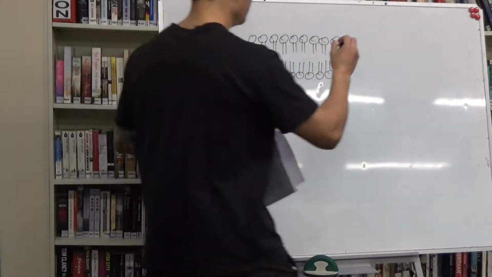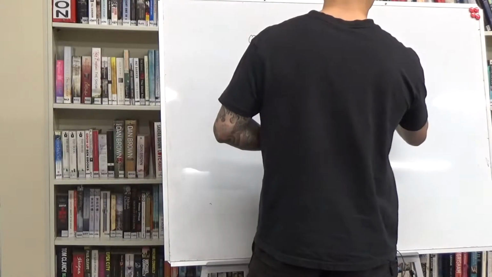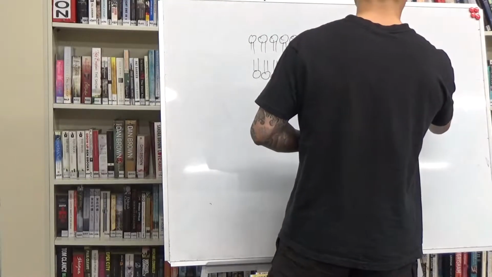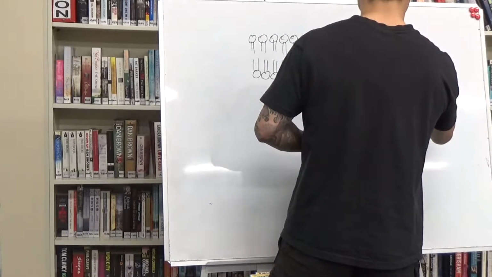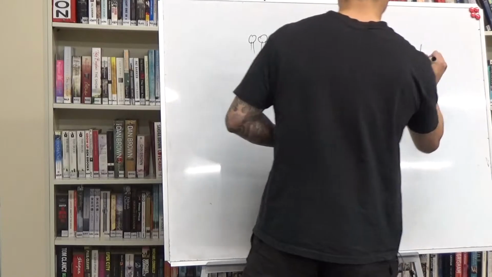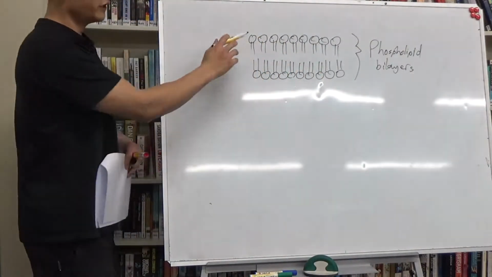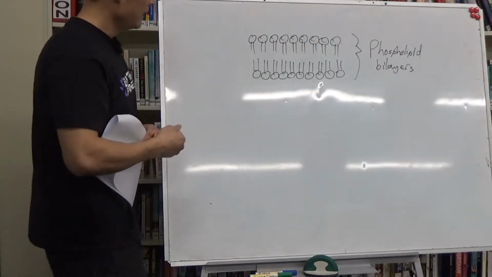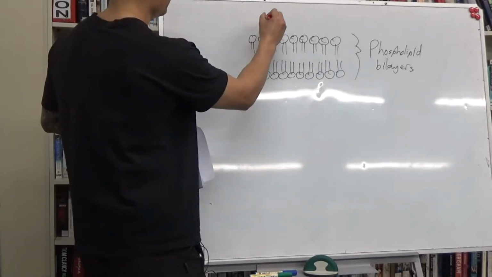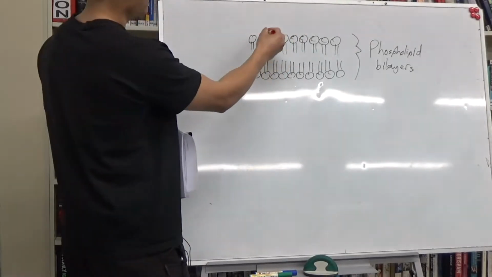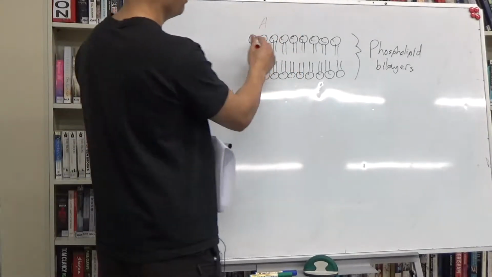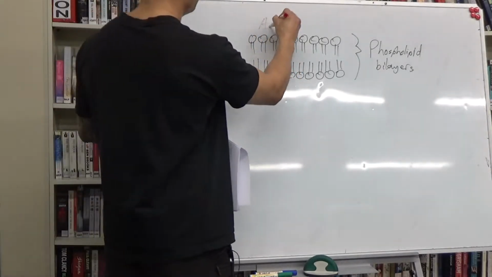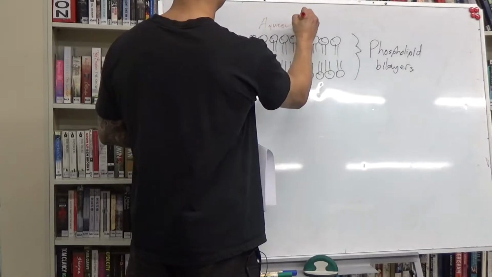So there's two layers of phospholipids, and remember the phospholipid heads are aqueous. They're polar, so they'll associate with the aqueous environment.